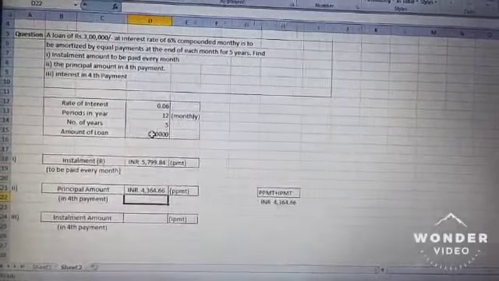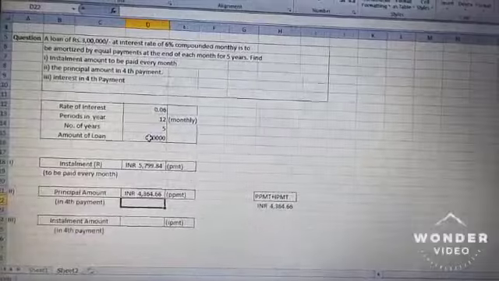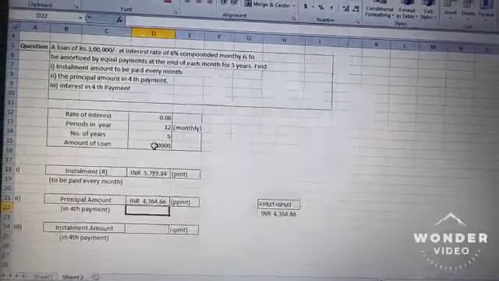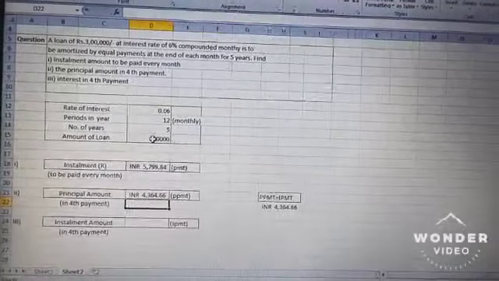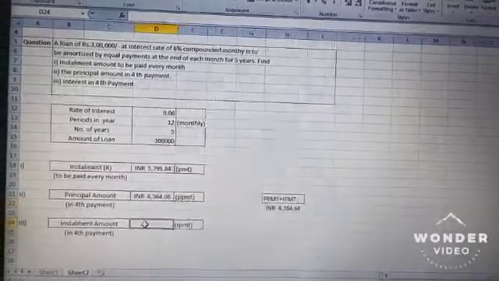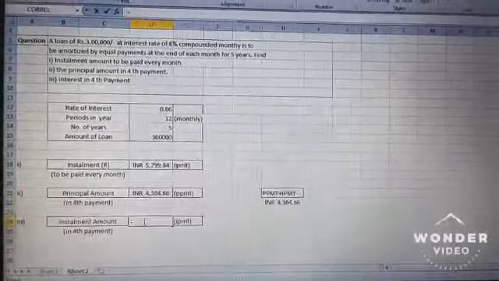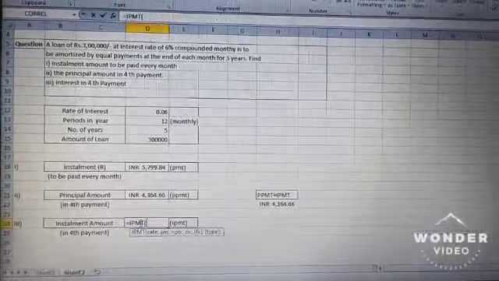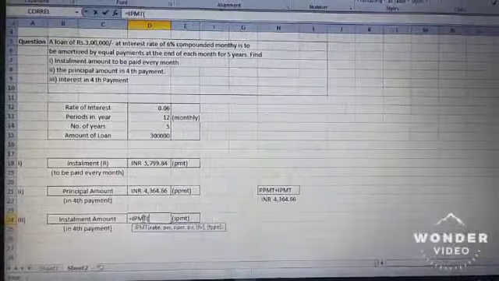So it is INR 4,364.66. This is our principal amount in the fourth payment. Next is the interest amount, equal to IPMT. So for interest, the function is IPMT.